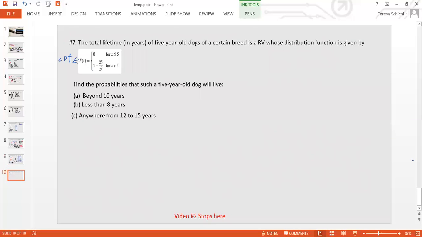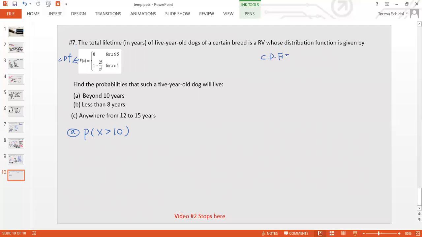Okay, let's see how we do that. It will be easier if you write it out. I'm looking for x greater than 10 years, correct? Beyond 10. If I want to use this CDF, let's review again.